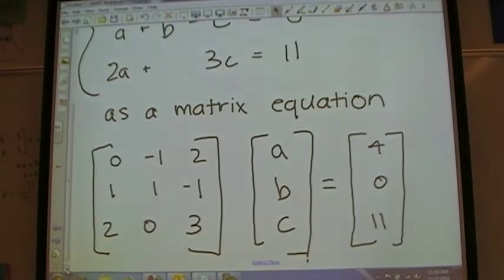To find A in this case, we have to use a calculator, because this involves finding the inverse of a 3 by 3. And I'll show you that in a second.